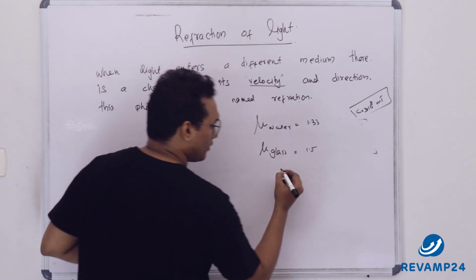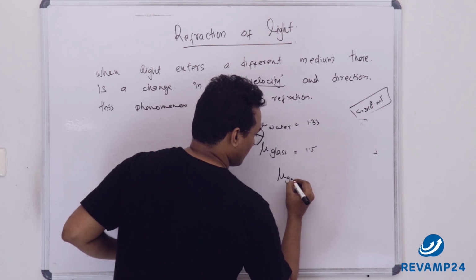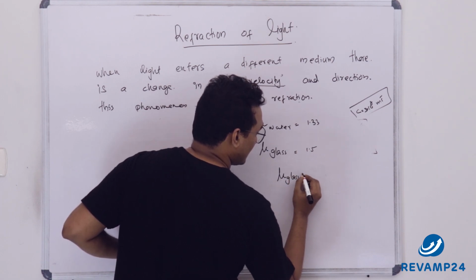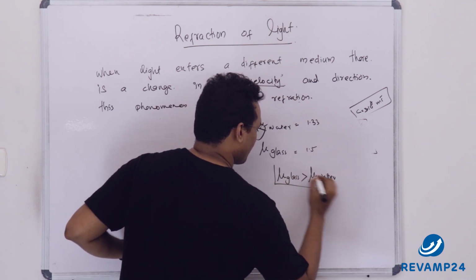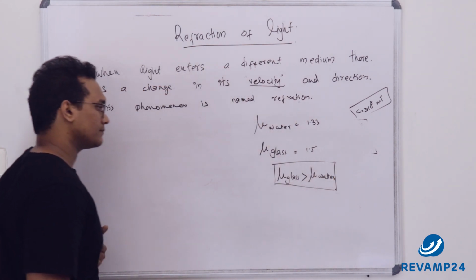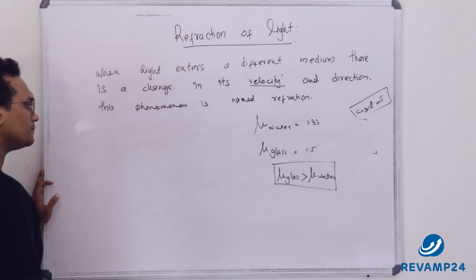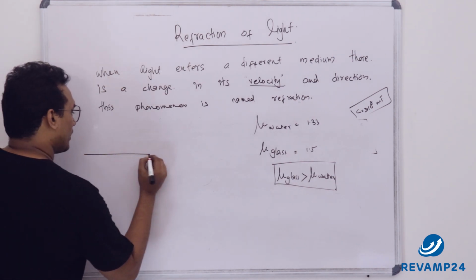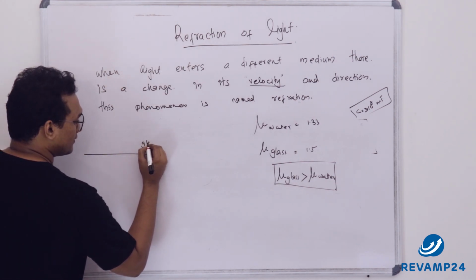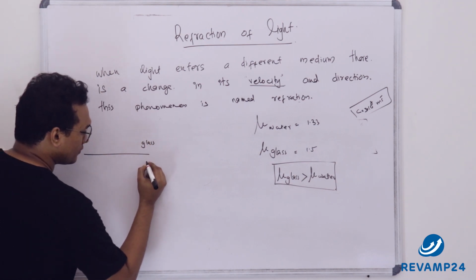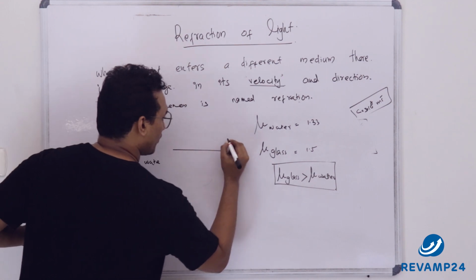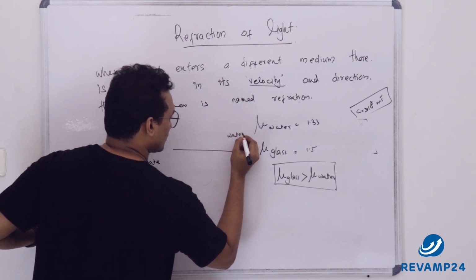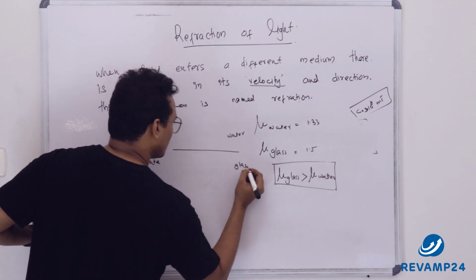Now we know from this that the refractive index of glass is greater than the refractive index of water. Very important this is. Okay, now two cases. One is from glass entering water, and the next case is from water entering glass.